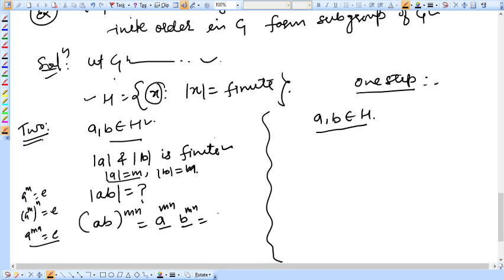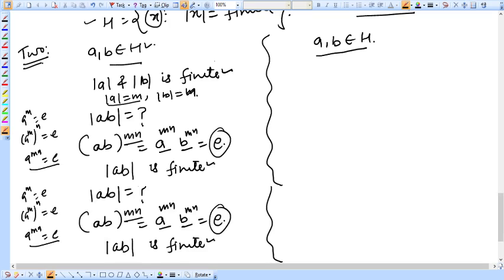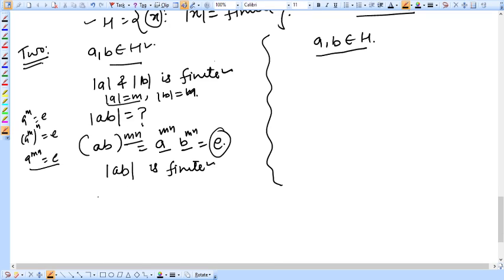Same is the case with b, so it is equal to e times e, which is e. So the order of ab divides mn, by the theorem. It implies the order of ab is either mn or smaller than mn. Therefore the order of ab is finite. So this implies ab belongs to H.